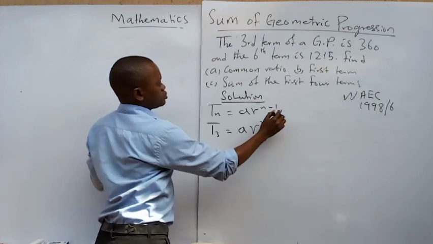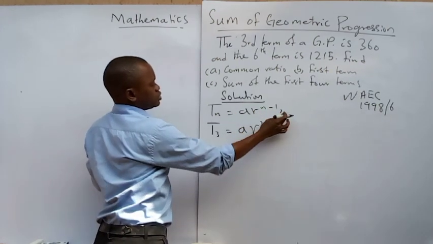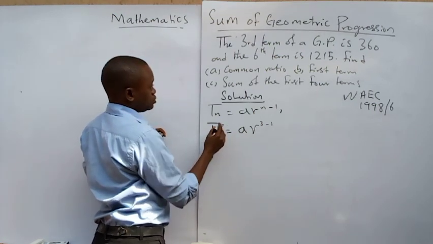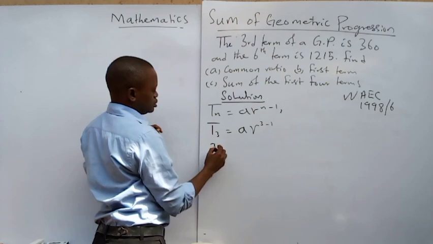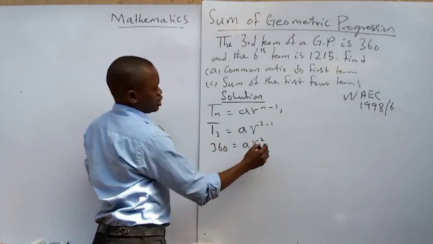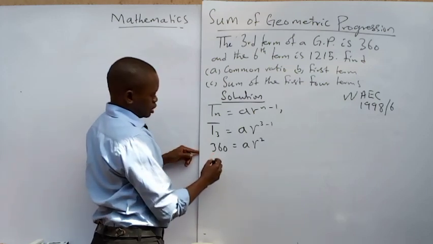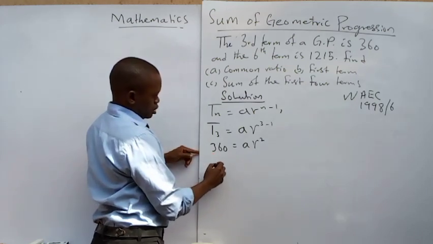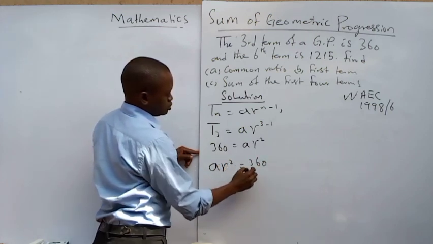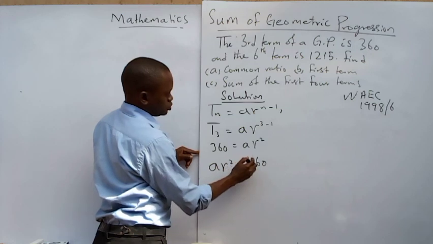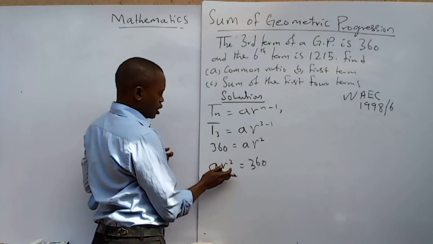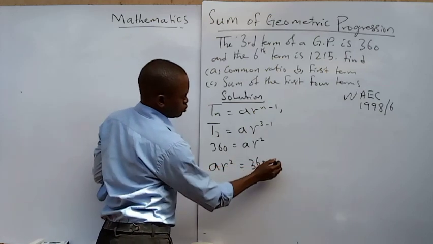T3 is given to us as 360, so 360 equals a r raised to power 2. I can write it as an equation: a r squared equals 360, equation 1.